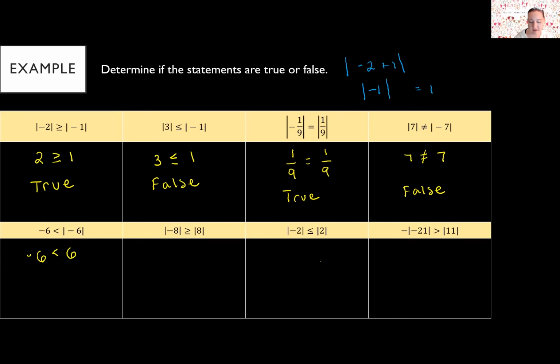So that will give us a +6. So now we're saying we have -6 less than 6. Is -6 less than 6? That is true. -6 is smaller than 6. It's left on the number line. Left is smaller, is less than. So this is a true statement.